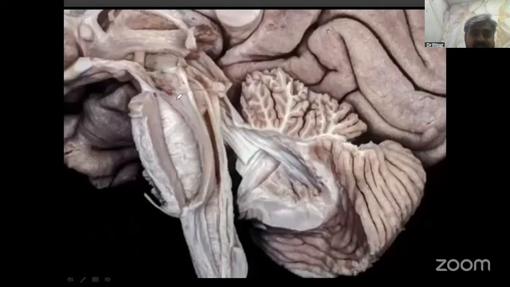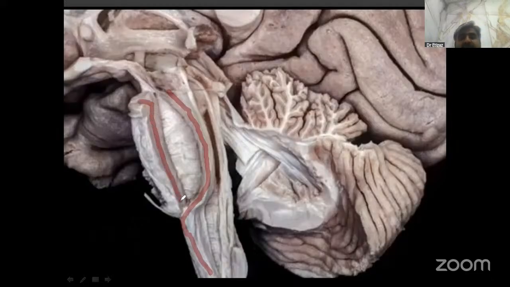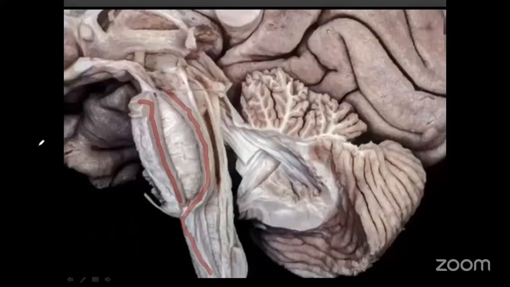What is this structure? And what is this structure? Are you guys with me? So what is this structure?